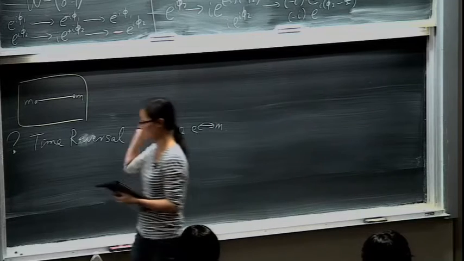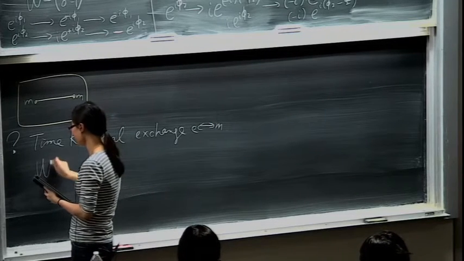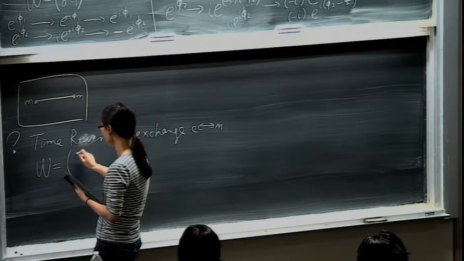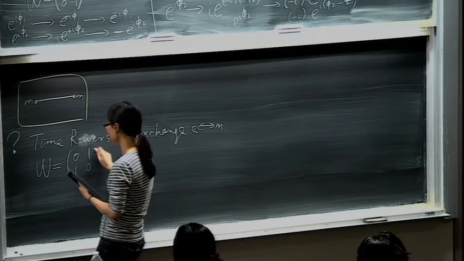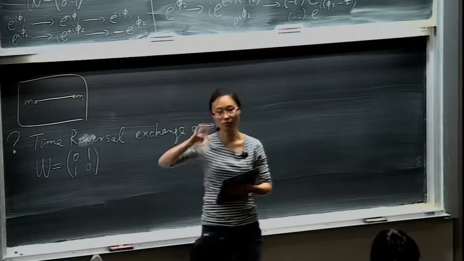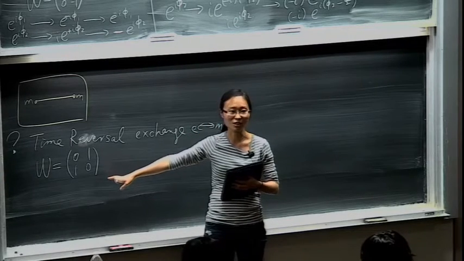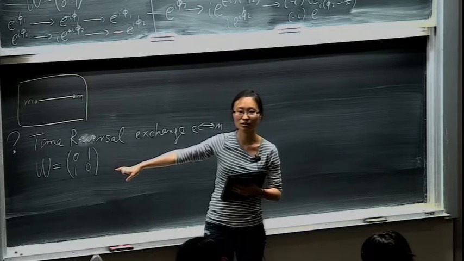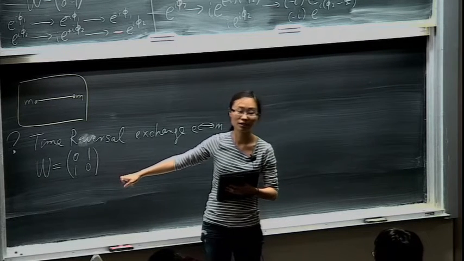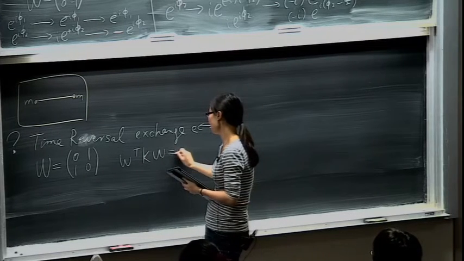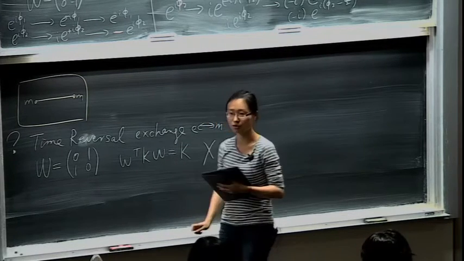So we can try to do things like, if we want to exchange particles, we can do W equal to 0, 1, 1, 0, right? That will switch E and M. Okay. But this one is bad because this one commutes with the K matrix. So it's not a time reversal symmetry, right? So W transpose KW is equal to K. So this is not time reversal symmetry.